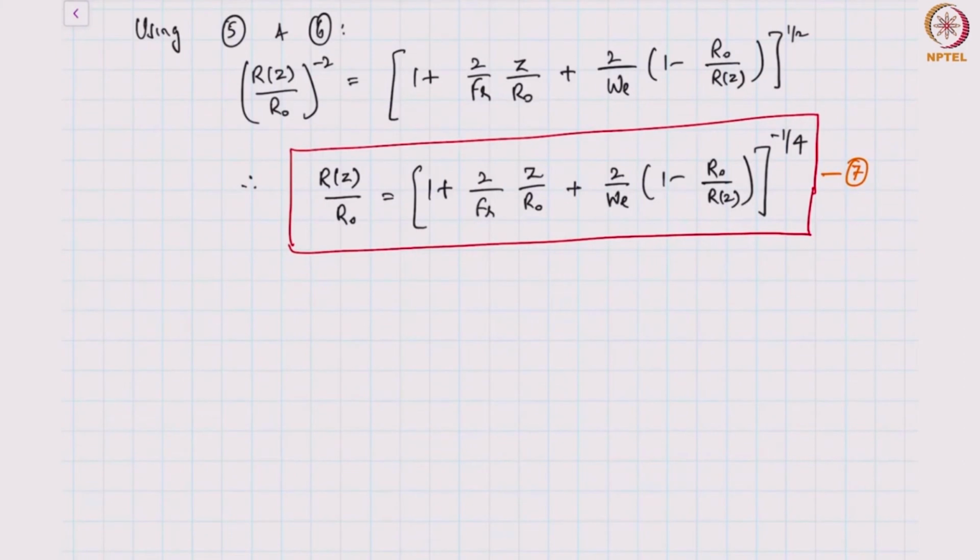Now I can take the fourth power on the left hand side. I get R of z by R naught power minus 4 will be this expression here.